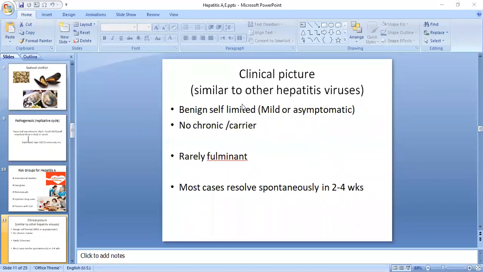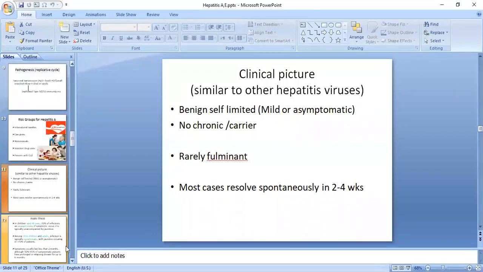There is no chronic or carrier state, and rarely it causes fulminant hepatitis. Most cases resolve within 2 to 4 weeks. So it is a self-limited disease.